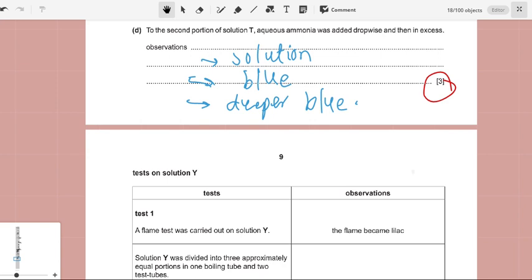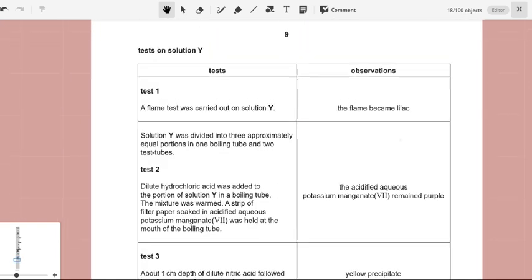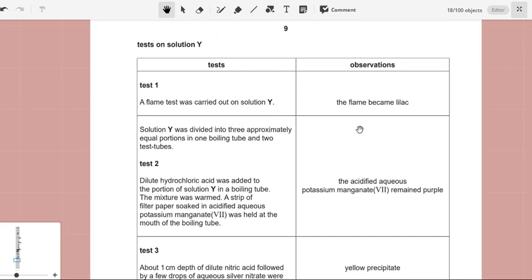Alright, next question. Here are some tests and the observations. A flame test was carried out on solution Y. The flame became lilac. So you know that potassium indicates the lilac color. The next one, dilute acid was added to a portion of solution Y in a boiling tube, and the mixture was warmed.